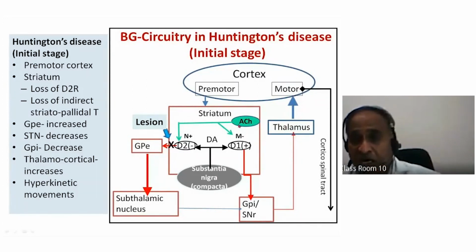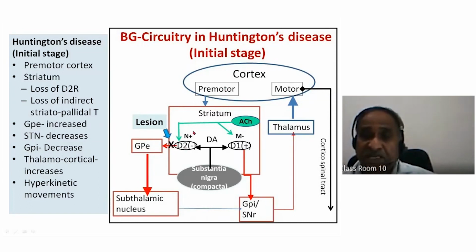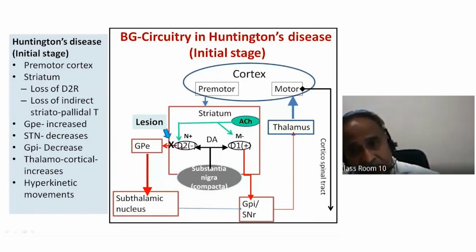So that is why I have made changes in the line strengths or line widths to indicate what is happening. In the initial stage, there is a loss of striatum to GPE GABAergic neurons. I have summarized it. From the premotor cortex, there is a loss of the D2 receptor or loss of the indirect striatopallidal tract.